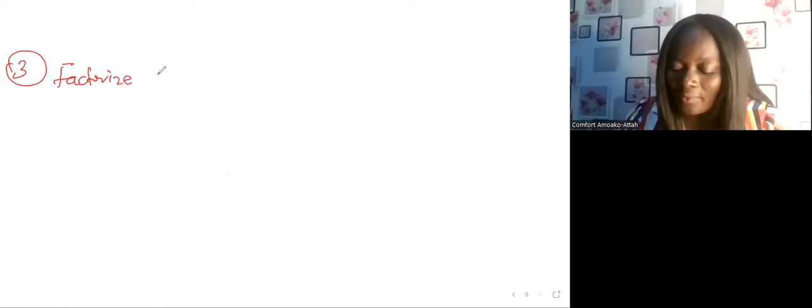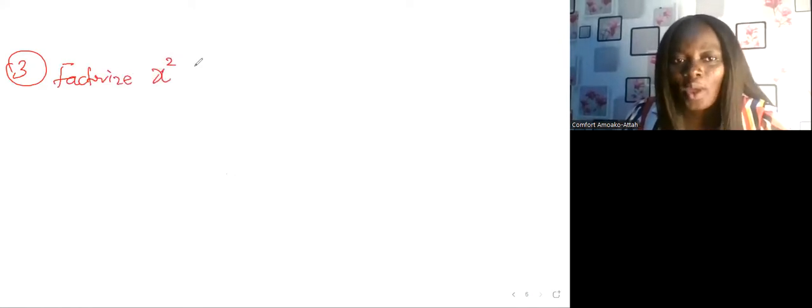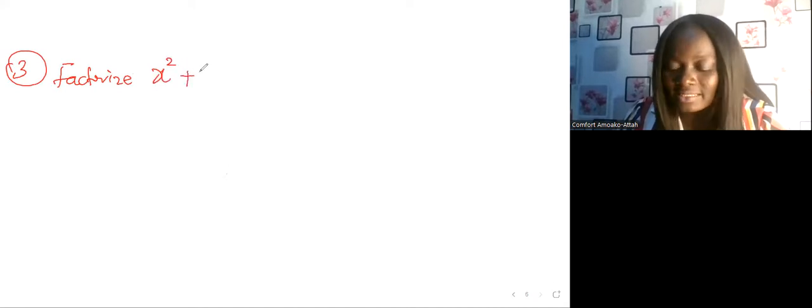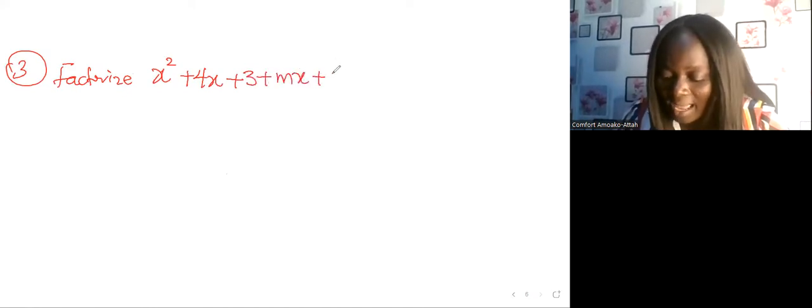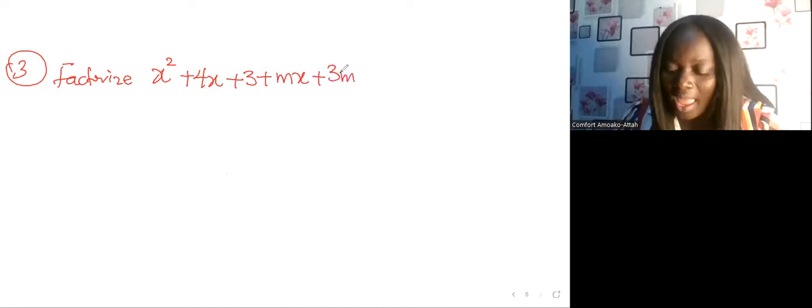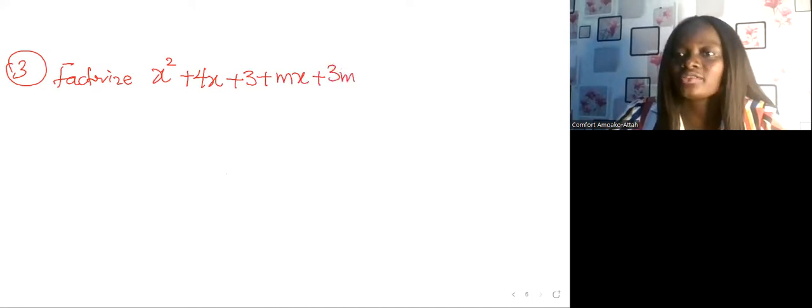Good. The last one will be enough for you to take over when you are given any question to factorize. So factorize x squared plus 4x plus 3 plus mx plus 3m.